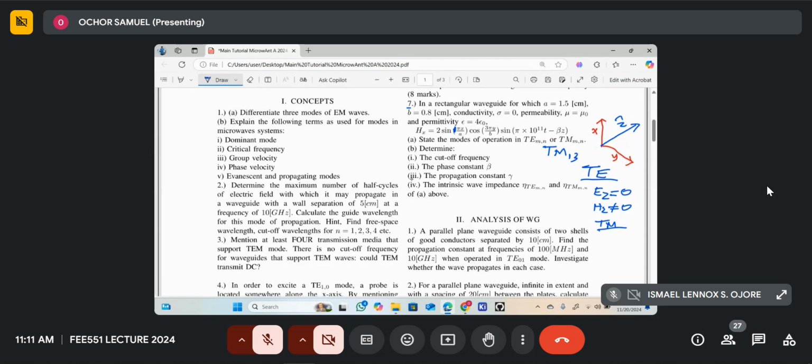For transverse magnetic, we have Hz being 0, but Ez is not equal to 0. So Tony, can you confirm if these are correct?